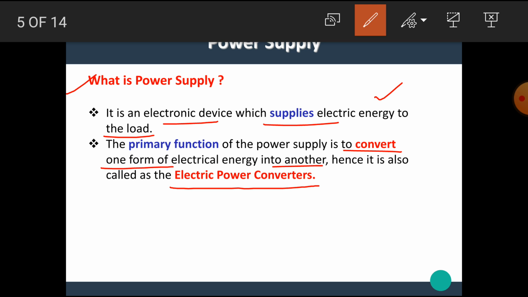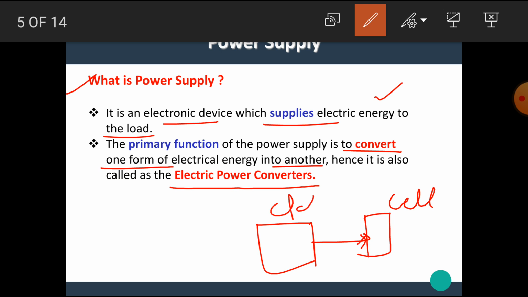For example, we all have a cell phone and we need to charge it. Here a charging circuit is given and the circuit operates on 230 volts, that means on the AC voltage.